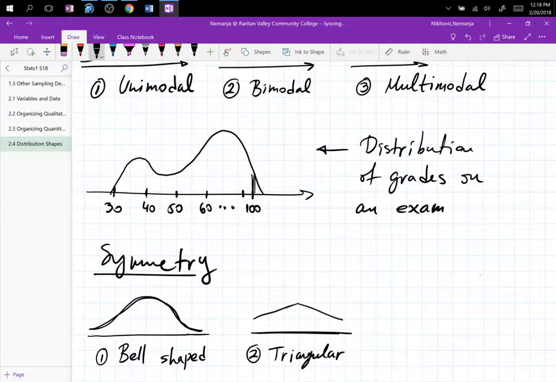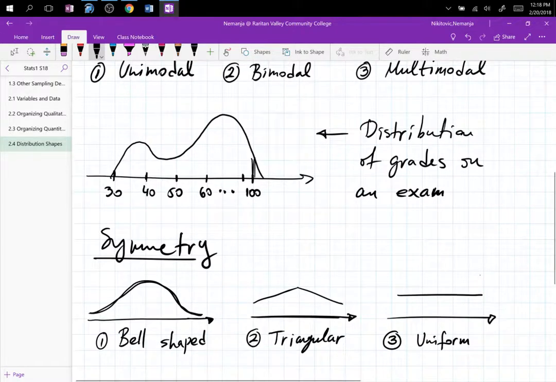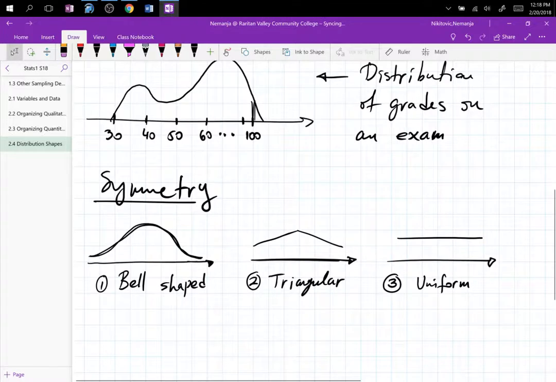And then you have uniform or rectangular, which is just a straight line. So these, with the arrows, those are your x-axis, or we'll see what they'll be later. Uniform. So symmetry means that if you put the mirror in the middle, the left side and the right side look the same. And you can see that that's the case for all of these, right? No matter where you place the mirror, if it's in the middle, the left side and right side are the same.